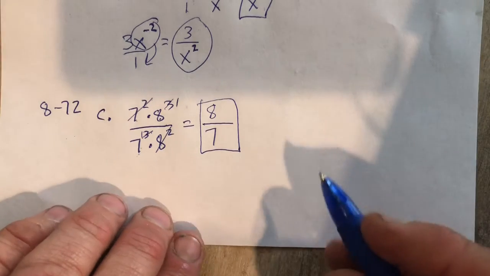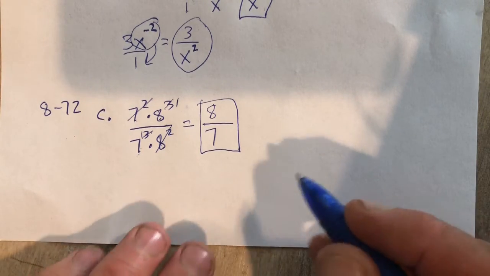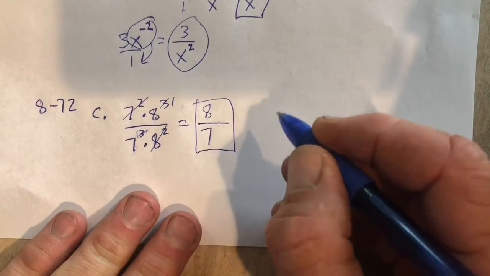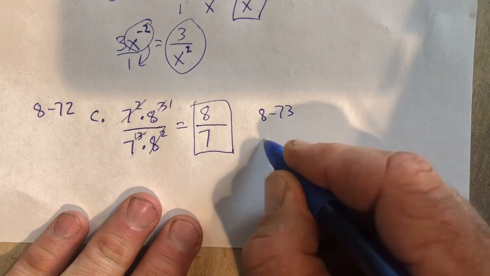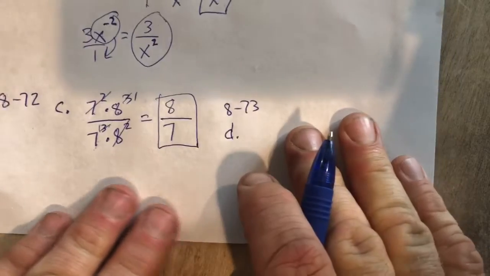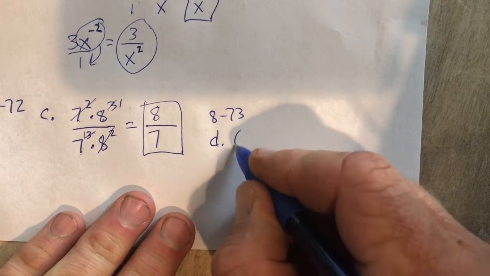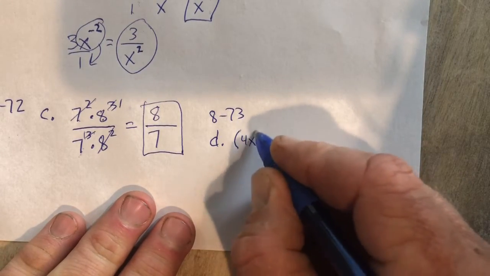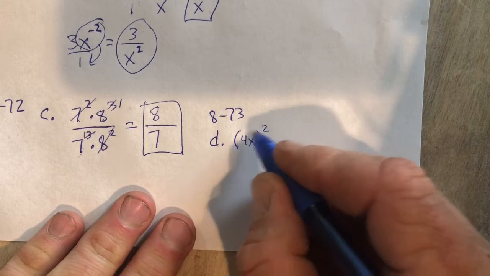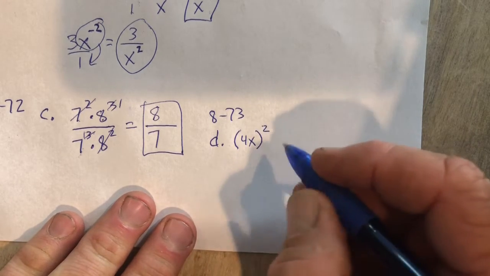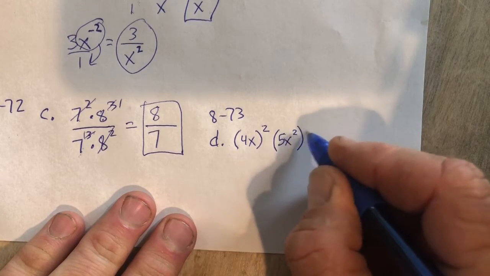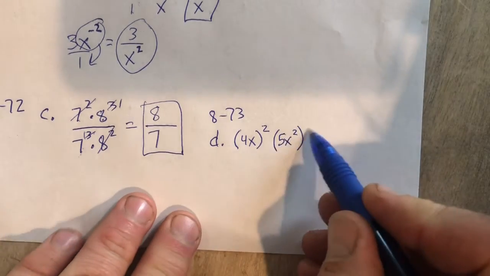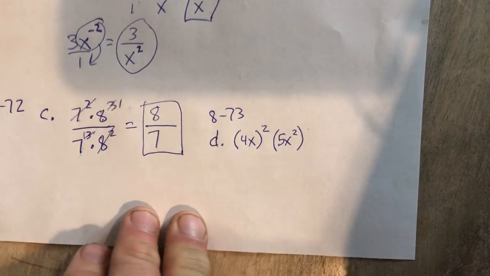Looking at another one from your classwork, 873 question D here. This one's a little bit longer. This one says 4x and then outside of parentheses squared times 5x squared, and they put parentheses around it with no exponent out here, so you don't really need the parentheses.